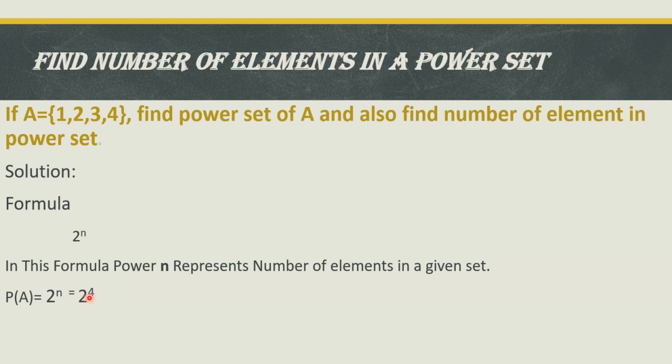Now we have 2 to the power 4, which means 2 multiplied by 2 multiplied by 2 multiplied by 2. 2 twos are 4, 4 twos are 8, and 8 twos are 16. So the answer is 16, which means we have to make 16 subsets of A in the power set, because the power set is the collection of all subsets.